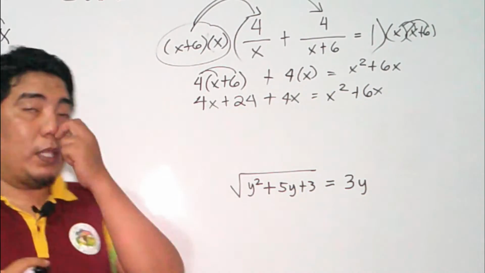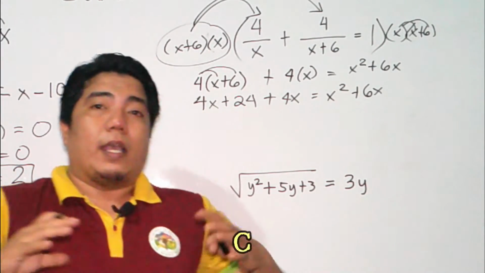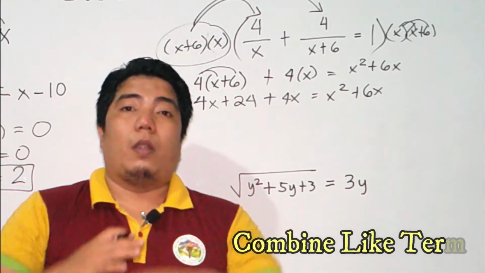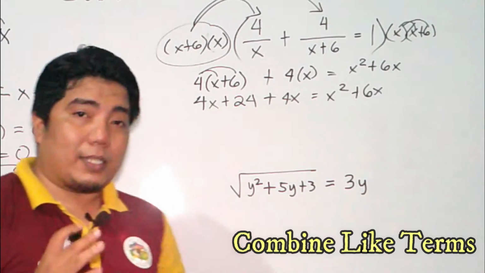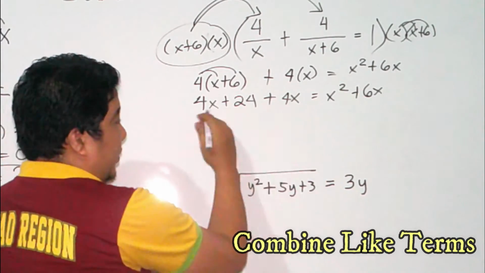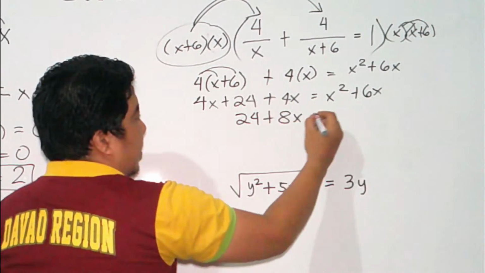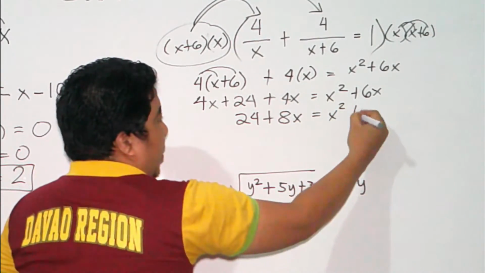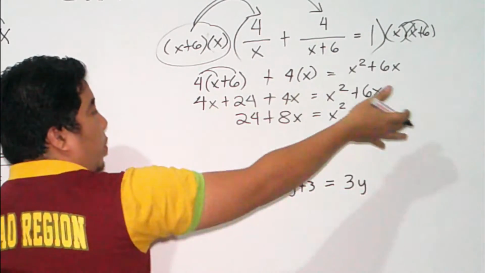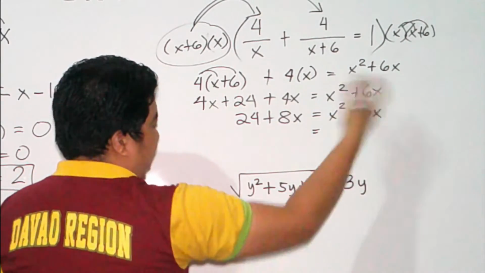Okay, now what we will do here is we just try to simplify it into our quadratic equation, the standard form. So we combine the like terms, so that will become 24 plus 8x is equal to x squared plus 6x. Then we transpose everything to the other side.